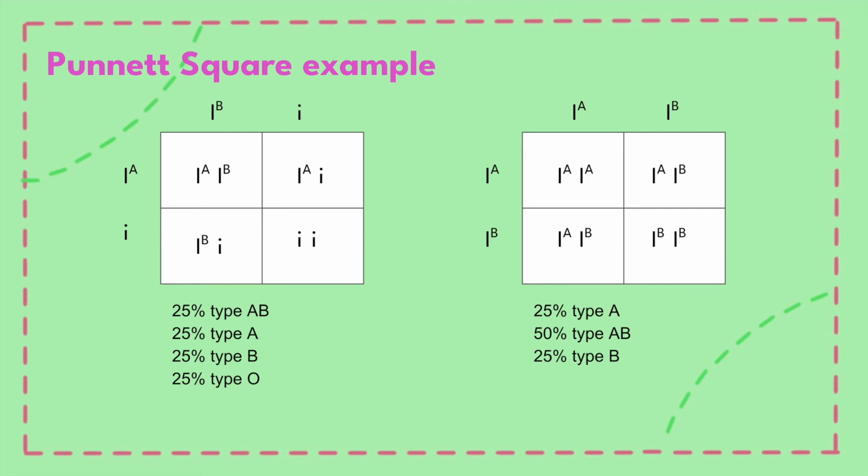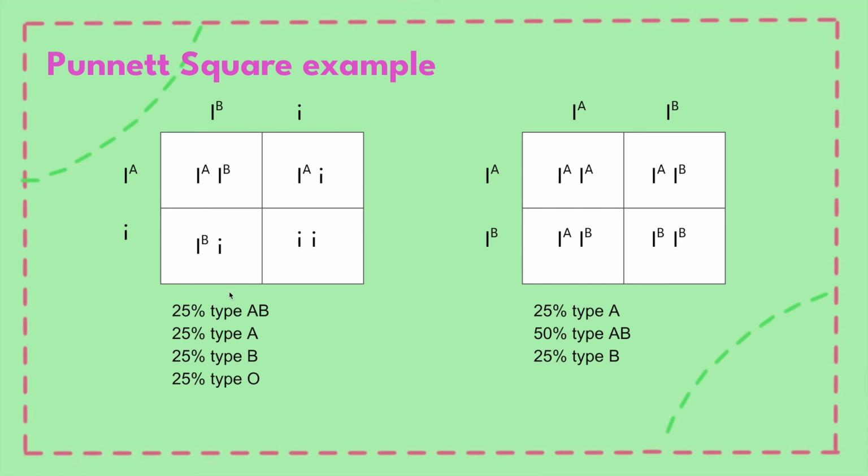Now, let's look at an example with Punnett squares. So here, let's examine our first Punnett square. Our Punnett square shows 2 parents, one with type A blood and the other with type B blood, but they are also both heterozygous, which means they do contain a lowercase i allele. So, when they pass their traits, what are the phenotypes that are possible from this resulting cross?